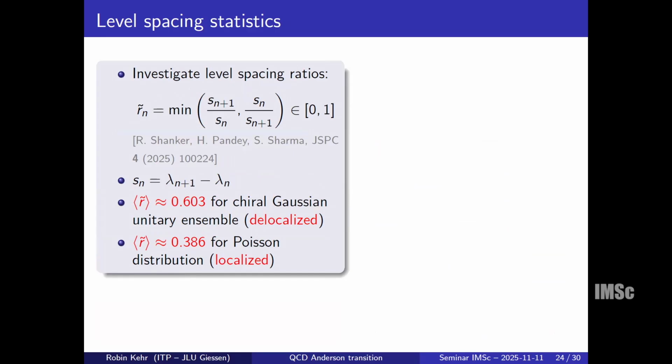And then when we look at ratios of these and take the minimum of both, then we also have a quantity between 0 and 1. And it is known from other studies that the localized and delocalized modes follow different statistics. It's the chiral Gaussian unitary ensemble for the delocalized ones.